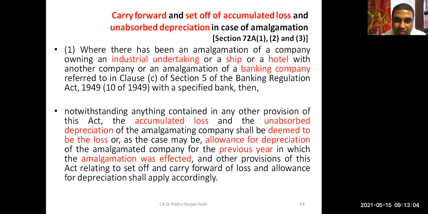Did you understand? Yes, sir. Okay. Once you know it is the accumulated losses and unabsorbed depreciation of this previous year, then all other provisions of the Income Tax Act shall be applied just like that.